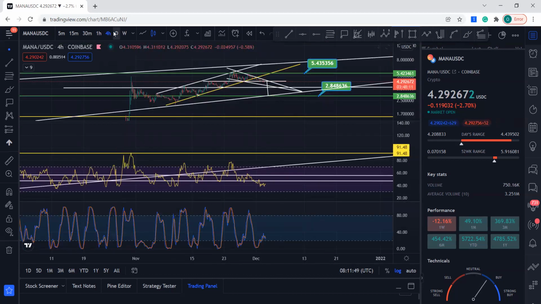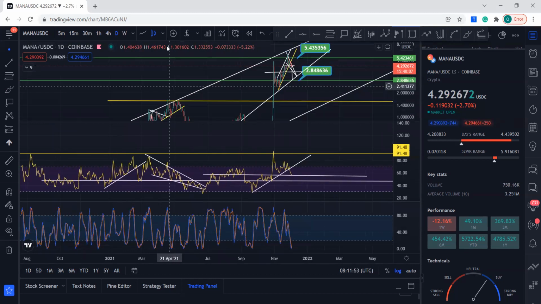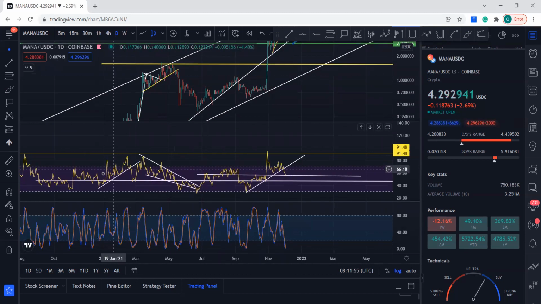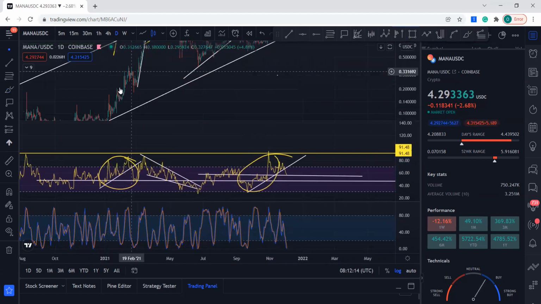You can look at the RSI. When this move happened, it fell down, broke this, and then had this move for itself in the RSI. This scenario is right now, and this was right over there.